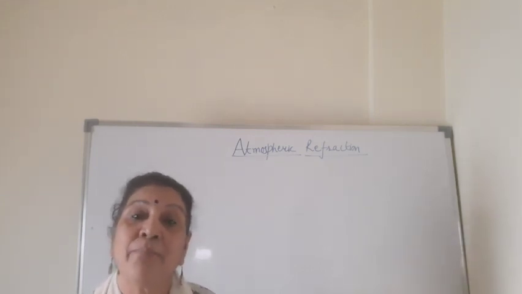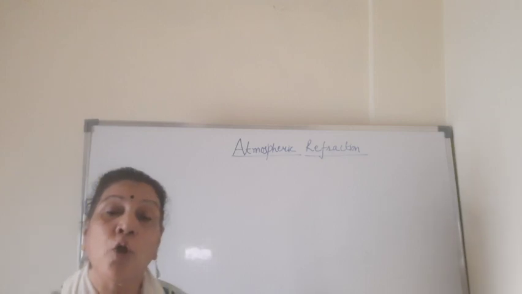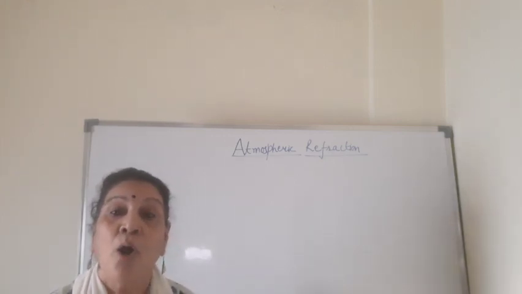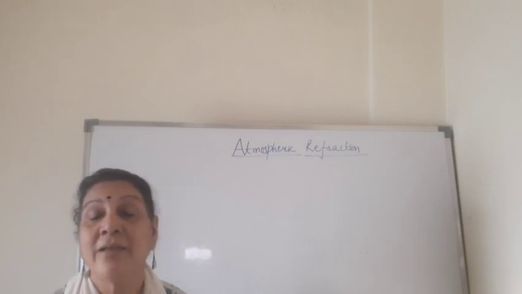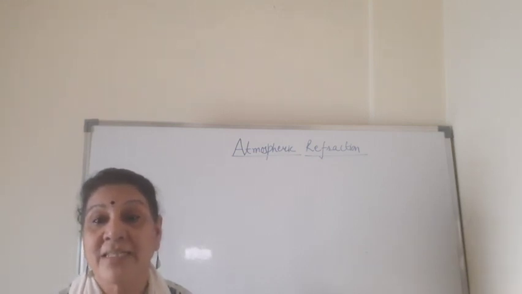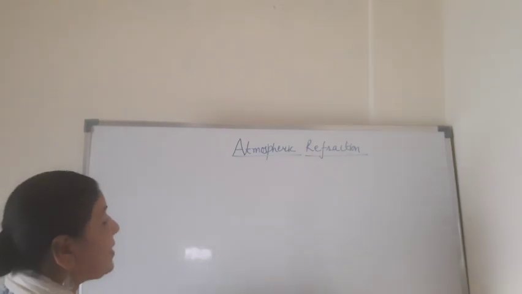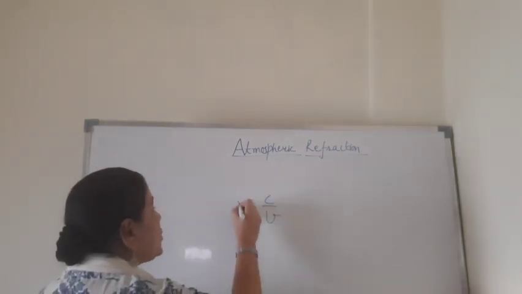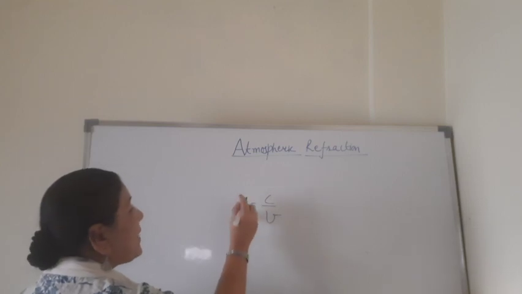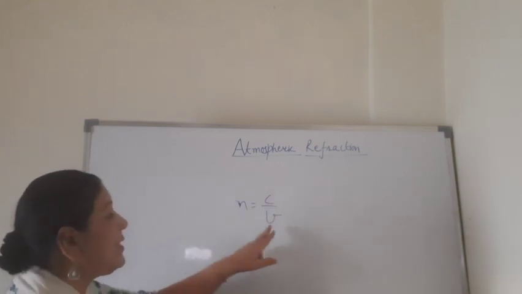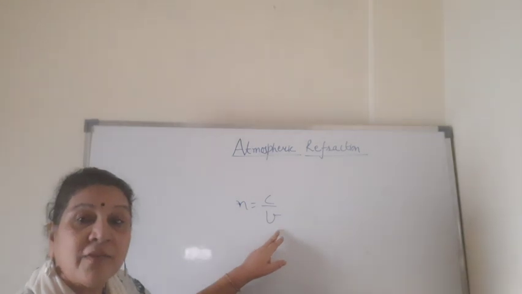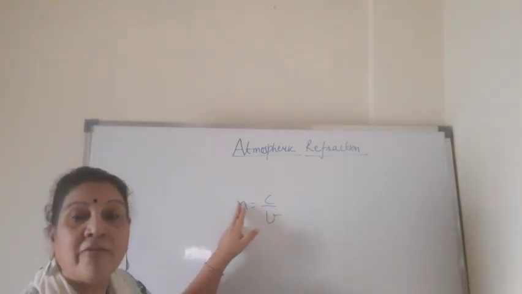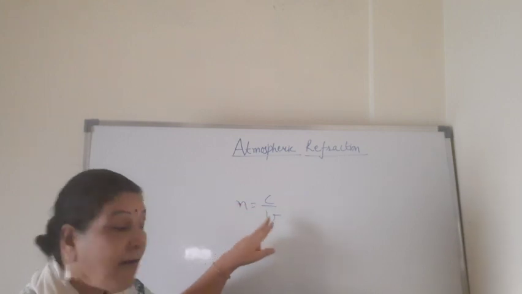I'll give you one very simple tool. Why is the refractive index more for the optically denser medium and less for the optically rarer medium? This can be explained by the formula n = c/v. In the optically denser medium, the velocity is low, and because the velocity is low, the refractive index n or mu is more.